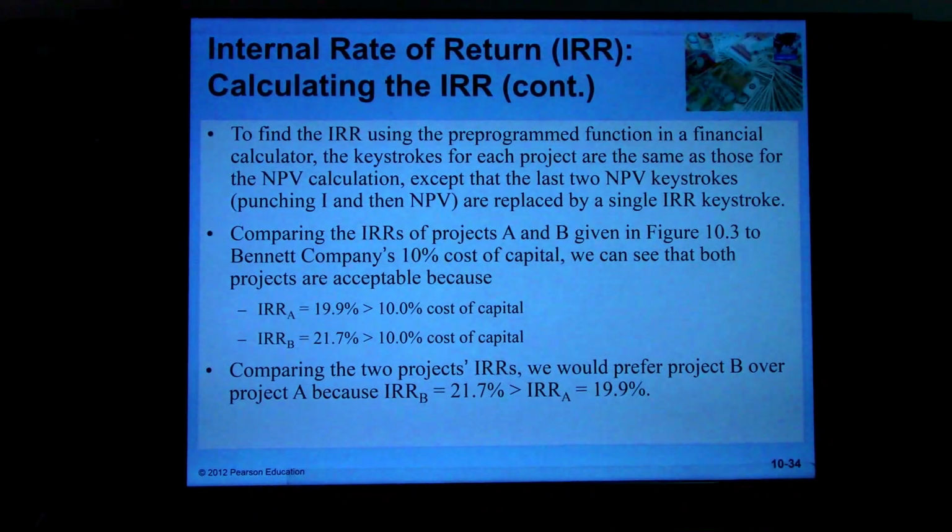Comparing the two projects, we would prefer project B over project A because its internal rate of return is higher, especially if those two projects are mutually exclusive. The question is how we determine the internal rate of return.